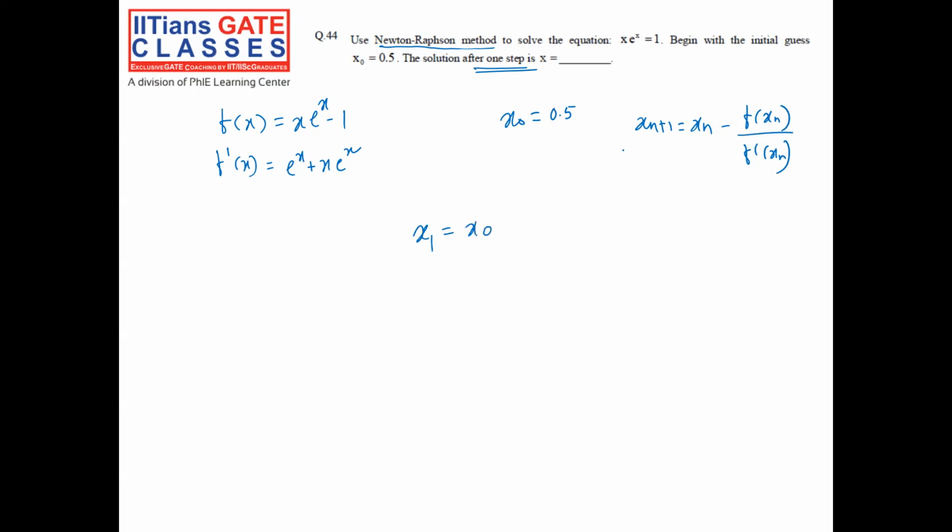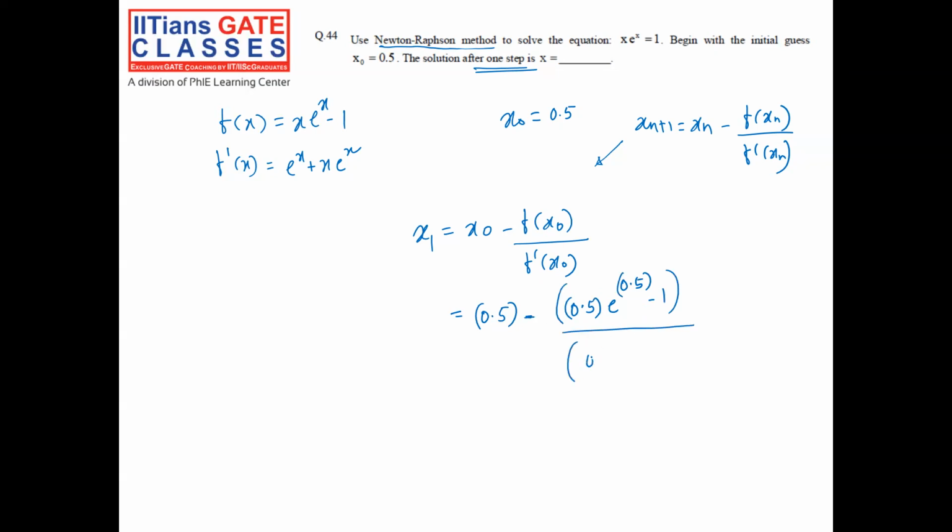X1 is equal to x naught, using this formula, minus f of x naught divided by f dash of x naught. The value of x naught in this case is 0.5, minus f of x naught, which is 0.5 e to the power 0.5 minus 1, divided by f dash of x naught, which is e to the power 0.5 plus 0.5 times e to the power 0.5.